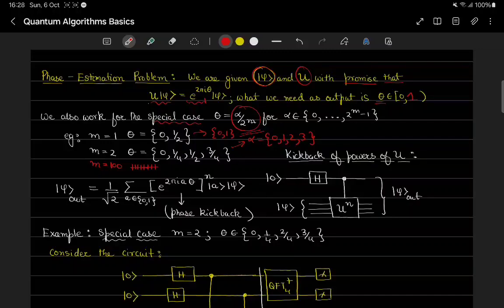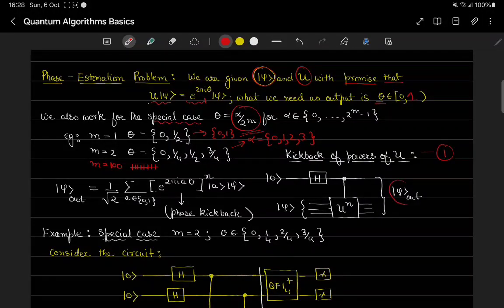So first we will start with analyzing the kickback of powers of U. This will be one of the important parts of a circuit that will come into play. So you have 0, you have a Hadamard gate, and then you have a controlled action of U power n. You have this as the control, and then you have a state psi.